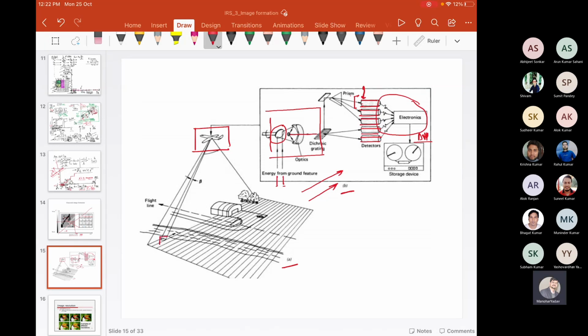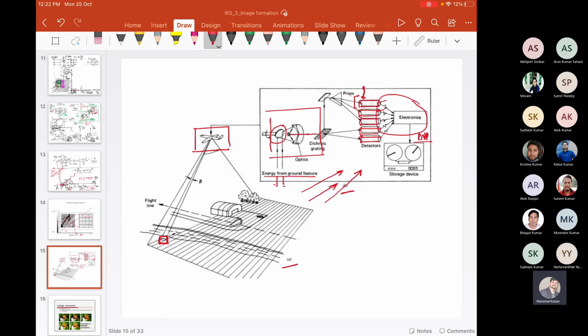So in this case, if we consider one ground resolution cell over here, and it is a 5-channel sensing system, the energy that is coming out from this cell, that energy from the ground feature within this ground resolution cell, passes through the mirror, and further in a different spectral band, they are sensed by the individual detectors, which are sensitive in that spectral band.